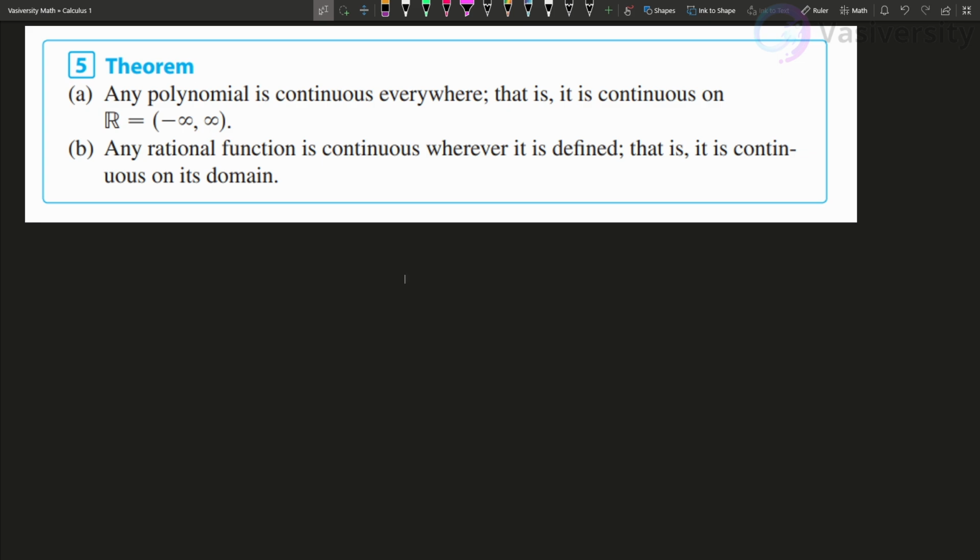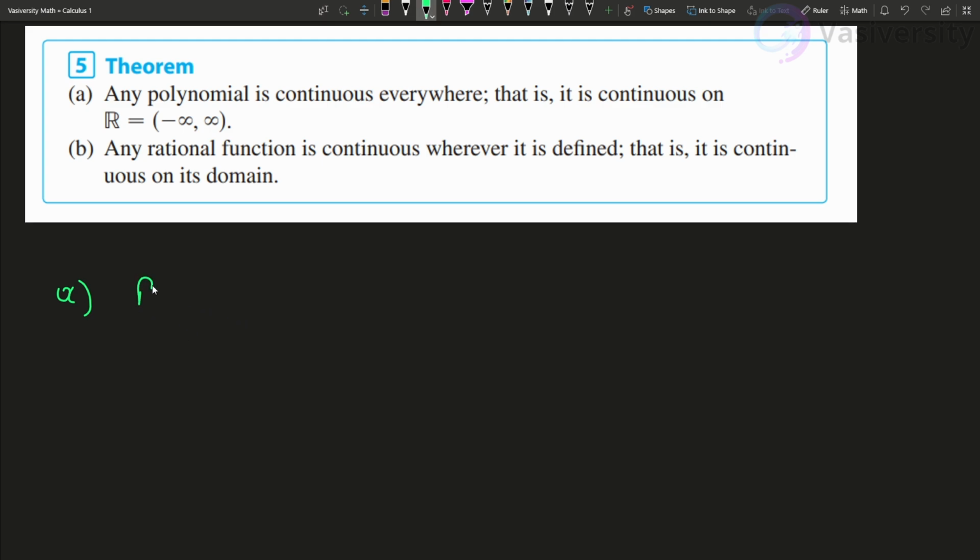So we can prove part A. If we define any form of polynomial, we know by the limit laws that everything works, so part A is easy. And part B is also not too difficult because, again, of the limit laws.